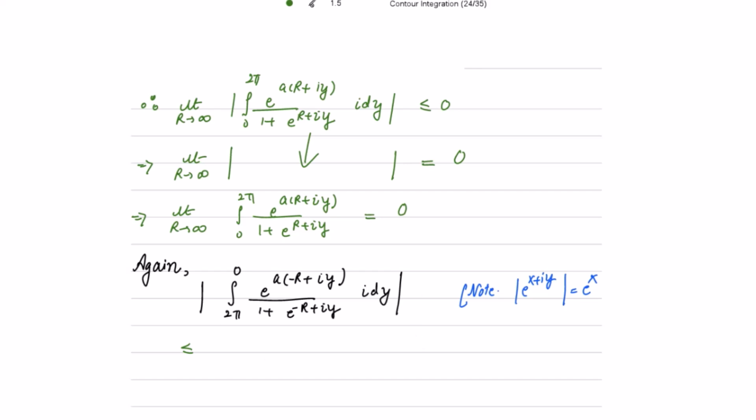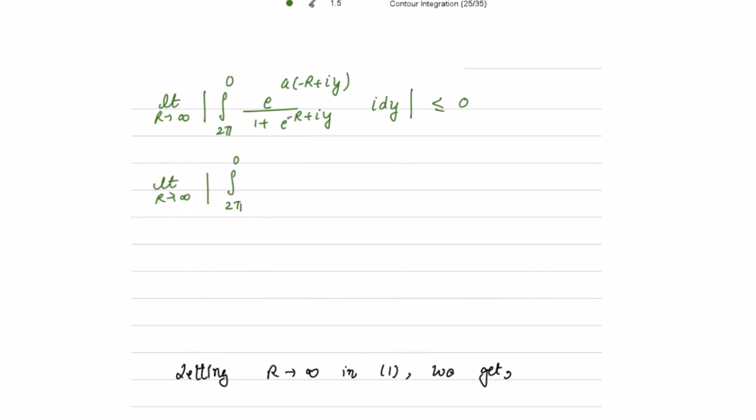Please note that mod of e to the power x plus iota y is e to the power x only, because e to the power iota y mod is 1. Okay. So this is less than or equal to the integral from 0 to 2 pi of mod of e to the power a minus r plus iota y over mod of 1 plus e to the power negative r plus iota y, mod of iota dy. So this is less than or equal to, just wait.